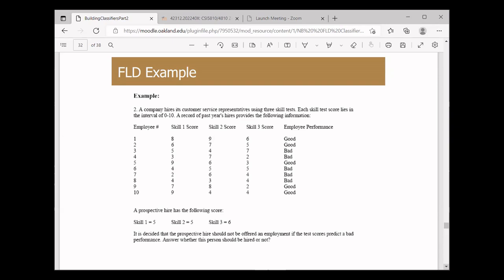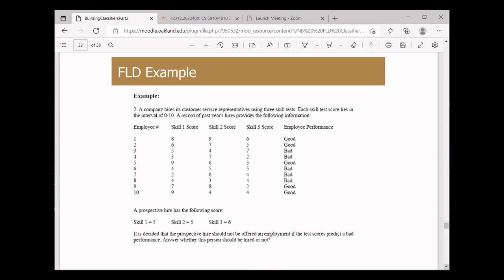So basically, we have scores on 3 tests, or you can say there are 3 features. And then there is a corresponding label, good or bad, whether somebody with those scores did a good job or a bad job.